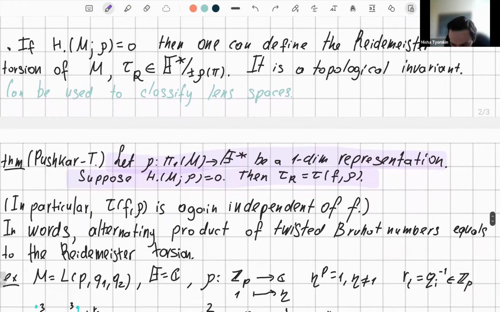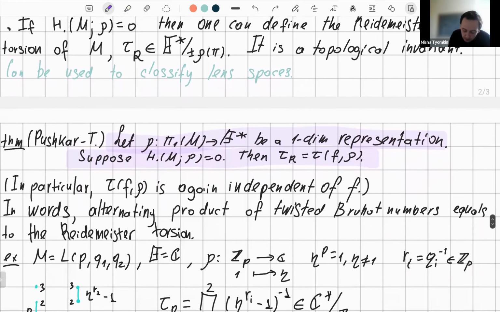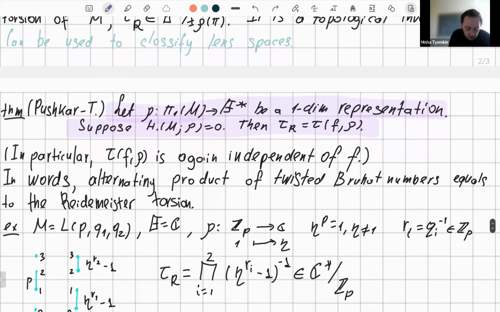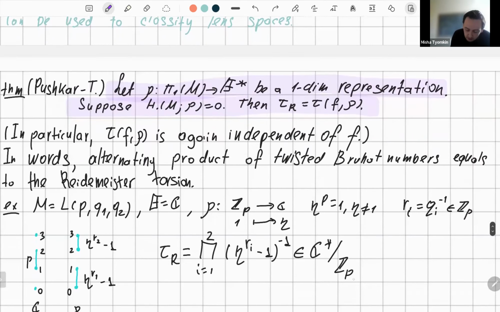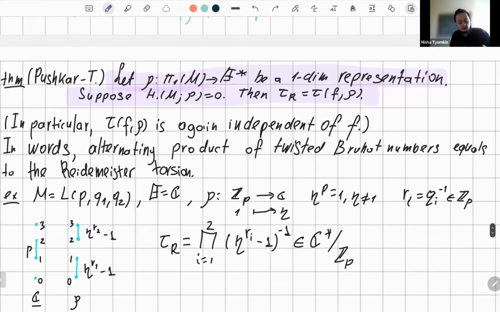Maybe in the last minute, I want to quickly run through an example, which is the lens space, the three-dimensional lens space that is given by three numbers p, q1, q2. So the fundamental group is Z_p, and there's a Morse function which gives you the standard cell decomposition of the lens space, which has 4 critical points of indices 0, 1, 2, and 3, and the lens space here is three-dimensional.